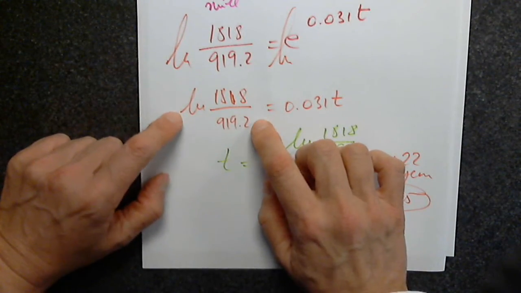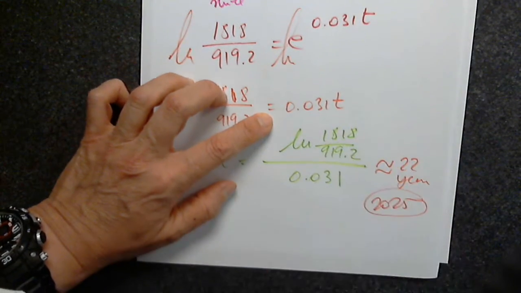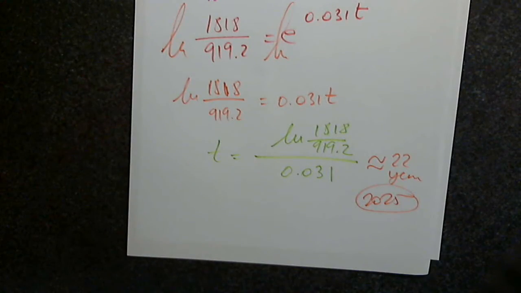And on this side, I'm bringing down the power and multiplying by natural log e, which is 1. I don't want to calculate that. I want to calculate it in one step. Because if I calculate it and then apply log to it and I get a number, I don't even know how many digits to copy, and then the error piles up. So if I put it in one step, there is one answer. I don't have to copy anything.